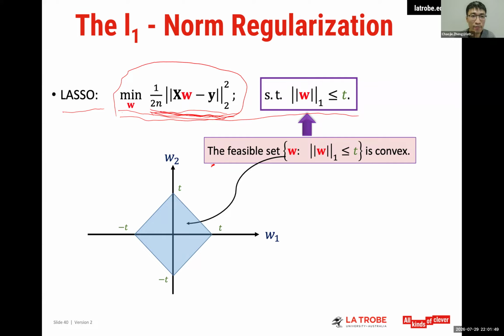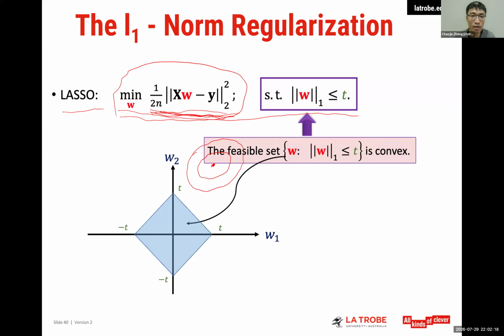And if we are setting different values for this weight vector, we will get different values for the loss function. So this centroid point is the optimal value for the W. And that means at this point, the loss function will achieve the lowest value.